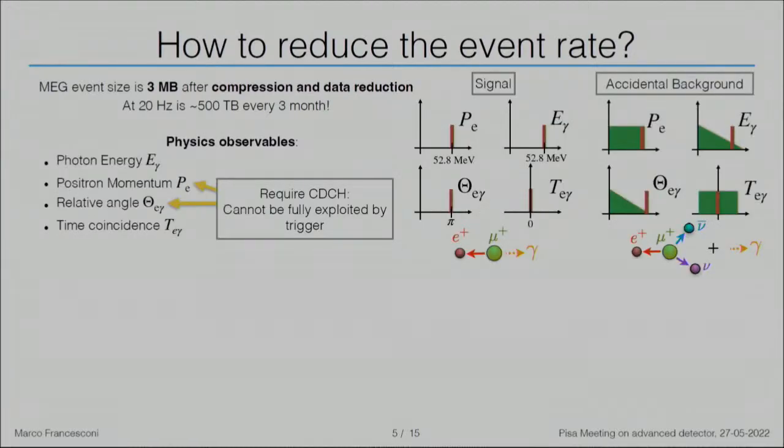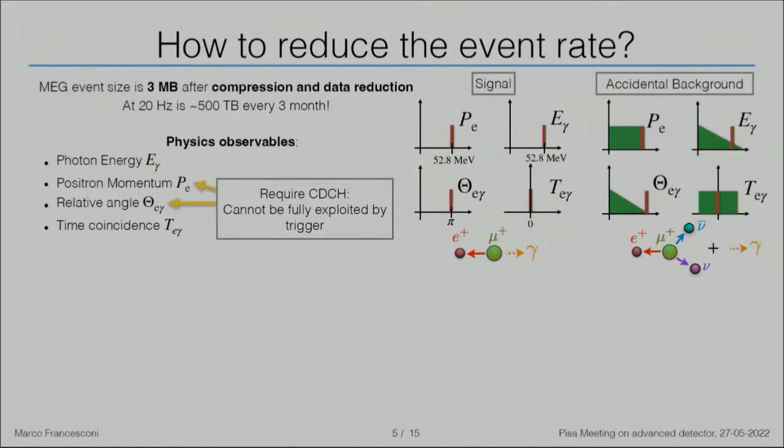So in order to select events, we look at the physics observables. Of course, the photon energy is an important one because the signal is monochromatic at half of the muon mass, more or less. And for the accidental background, which I said is the dominant one, the spectrum is decreasing. So this is definitely a good variable to cut on.